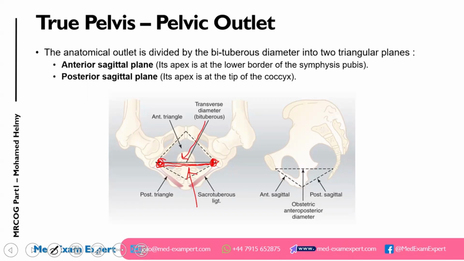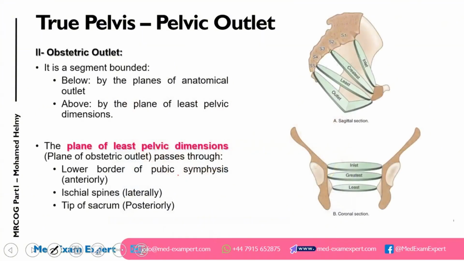The posterior one is called the anal triangle, because this one contains the genital organs and this one contains the anal canal and the two ischiorectal fossae. Of course, this part is also explained in detail in the perineum. But what we focus on today is the obstetric outlet.